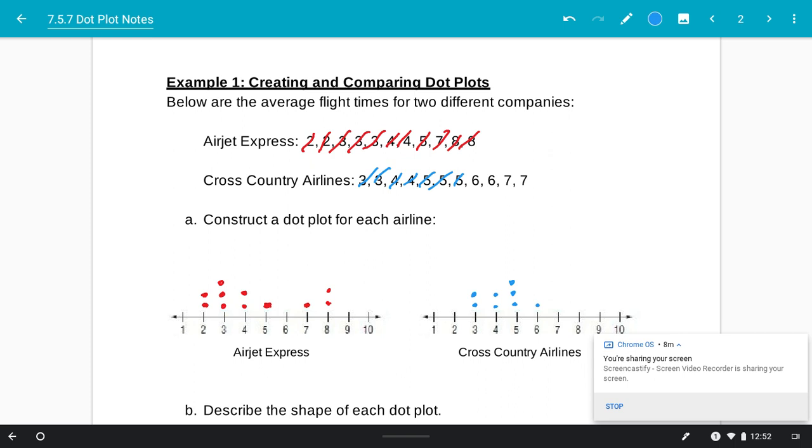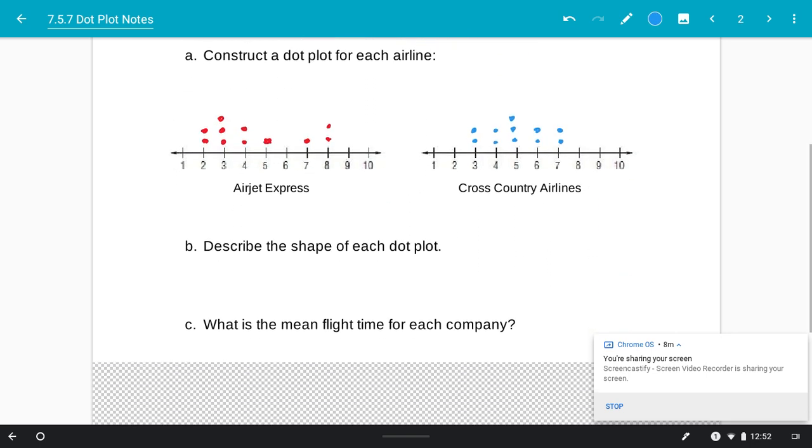There are 2 6-hour flights and then 2 7-hour flights. So again, creating the dot plot is just taking those data values and plotting the points along the x-axis accordingly, right? We use dots or sometimes x's or checks.